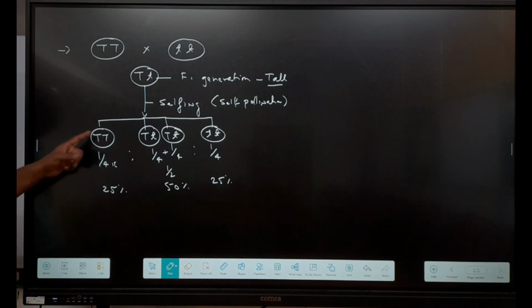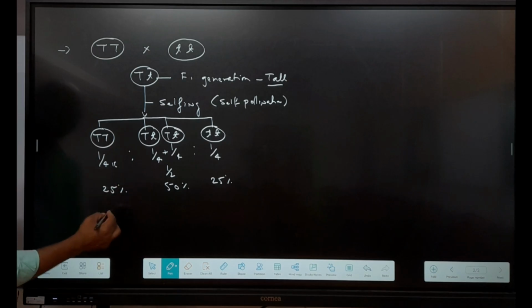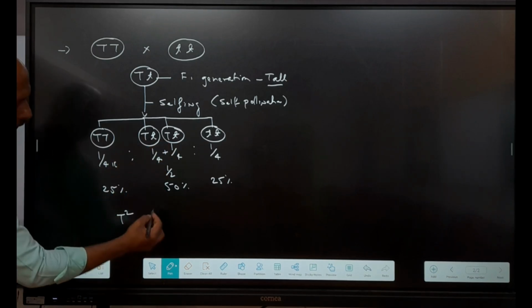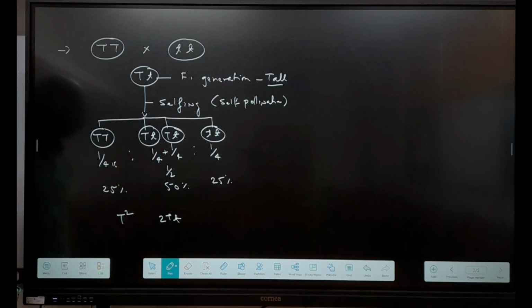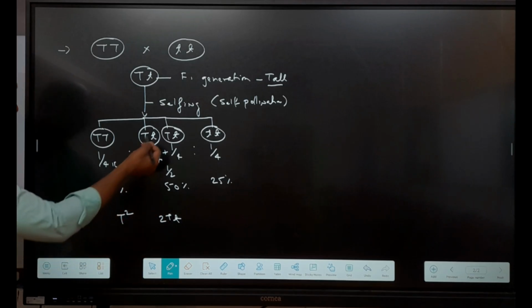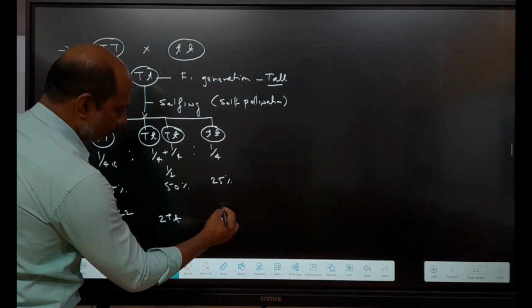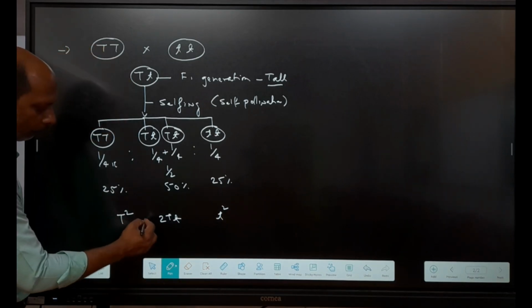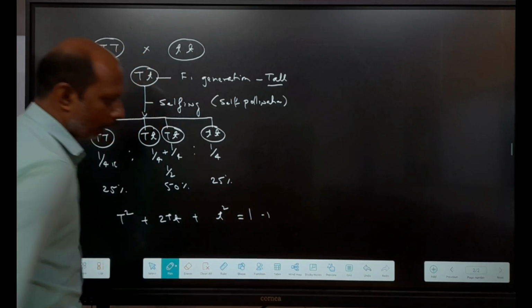Mathematically, here you can understand, because t plus t is equal to t square, right? Here what is here? 2 capital T small t, we can write 2 multiplied, because 2 things are there, right? And this side it is small t square, right? This one, when I add this, is equal to 1, and that becomes the Hardy-Weinberg equation.